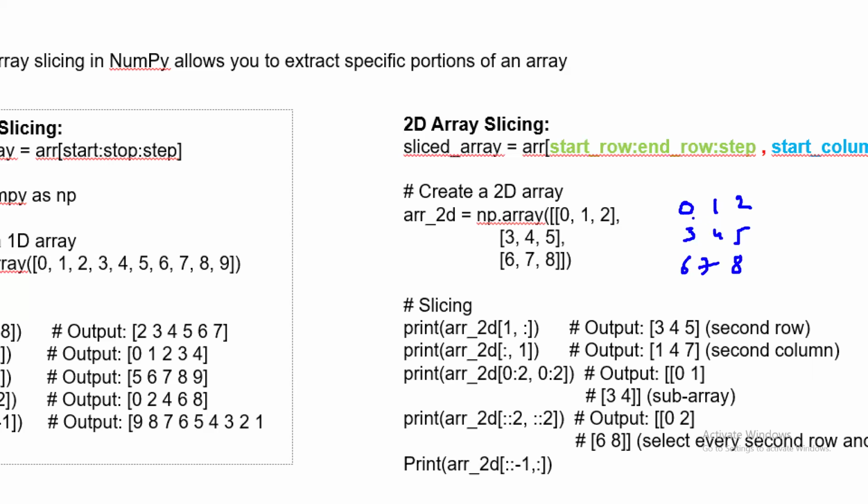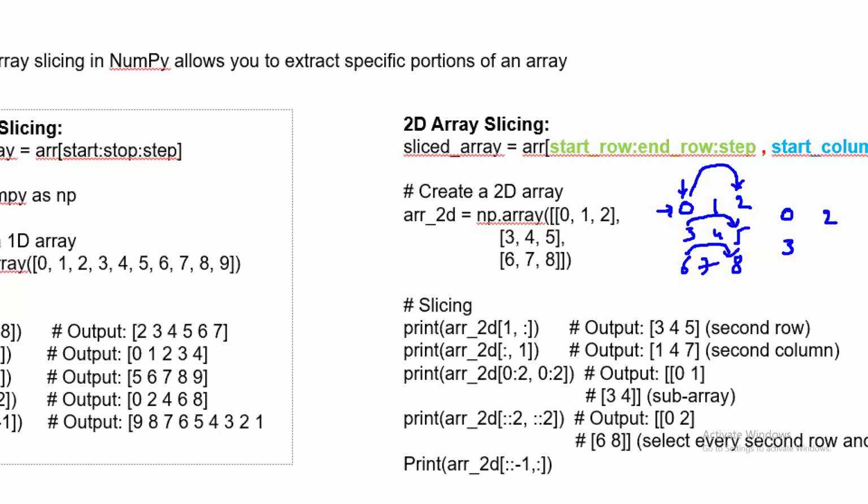But I don't want to read all the elements, I want to jump by 2. It will take the first and jump to the second position. Here also it will take this one and jump to this position, and here also it will jump to this particular position. That means whatever it takes is 0, 2. For the row also, I want to jump.